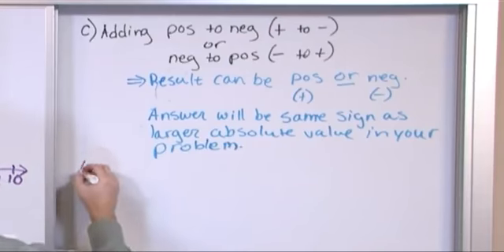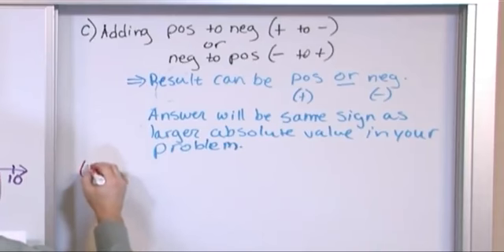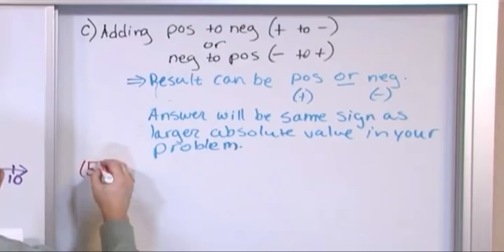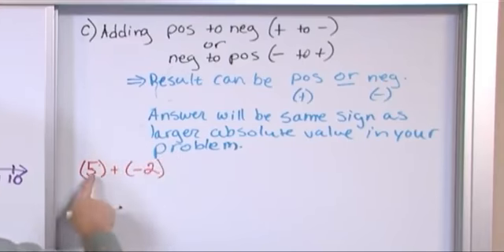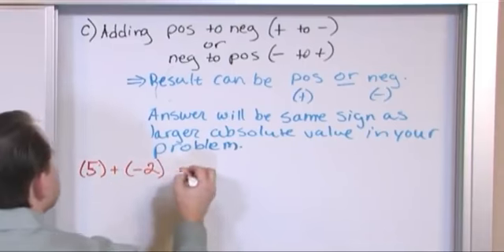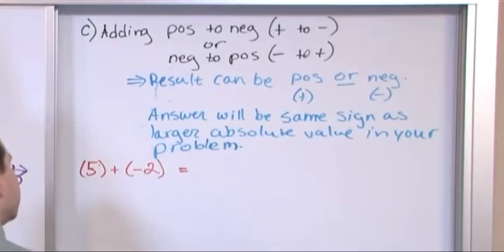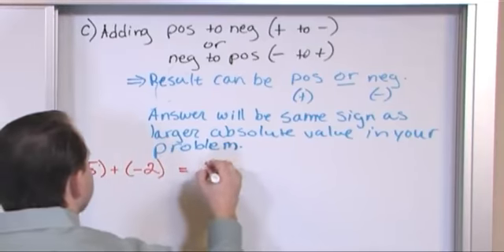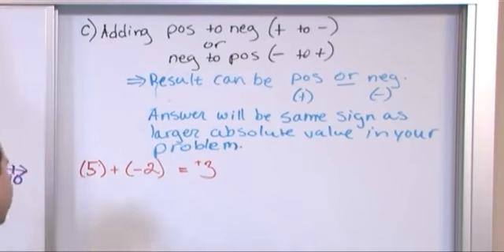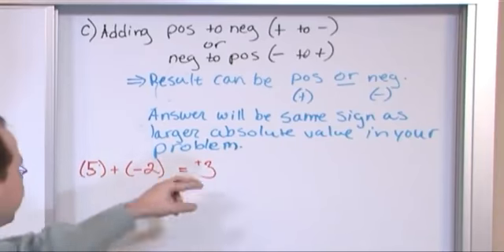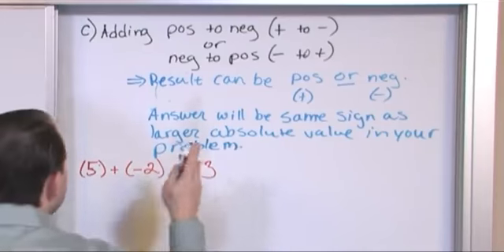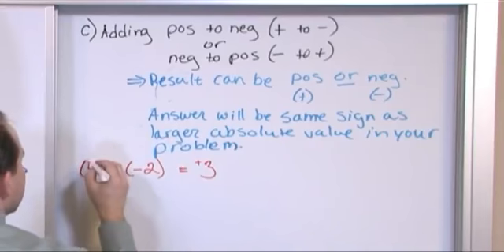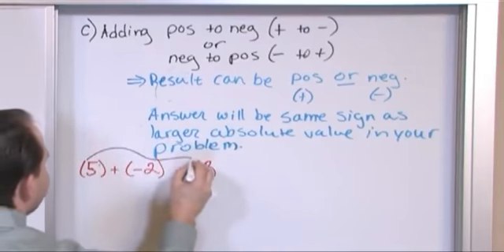So let's say we had 5, positive 5, plus negative 2. So see, we have a positive plus a negative right there. Now the answer is going to be 3, positive 3. So let me go ahead and explain first of all that the sign of the answer, right here, has exactly the same sign as the number with the larger absolute value.